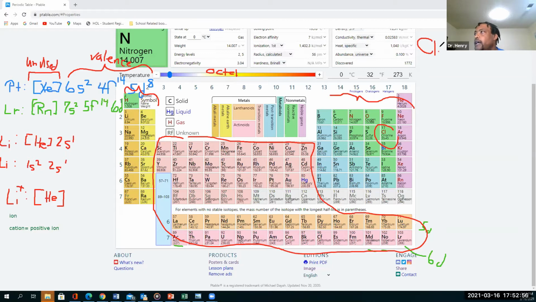What would be the electron configuration for chlorine? Neon, 3s2, and then 3p5.